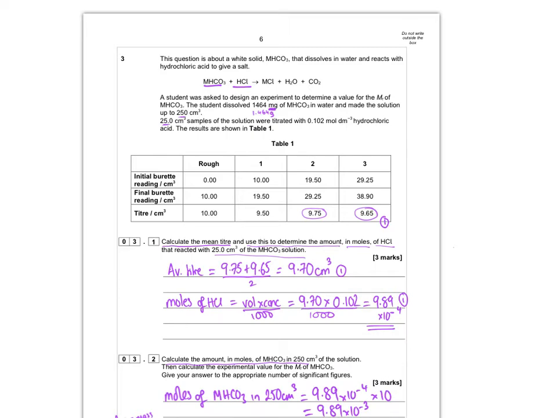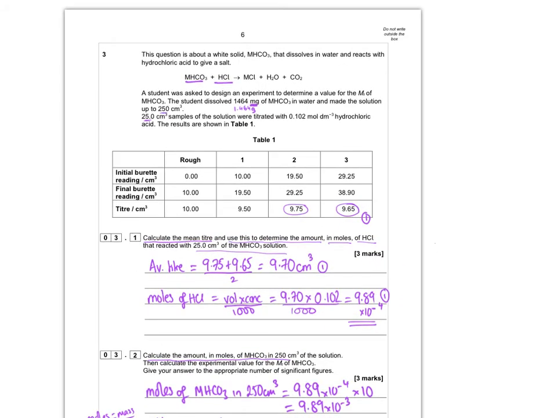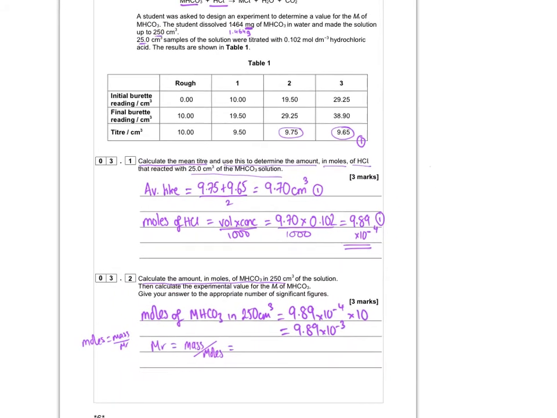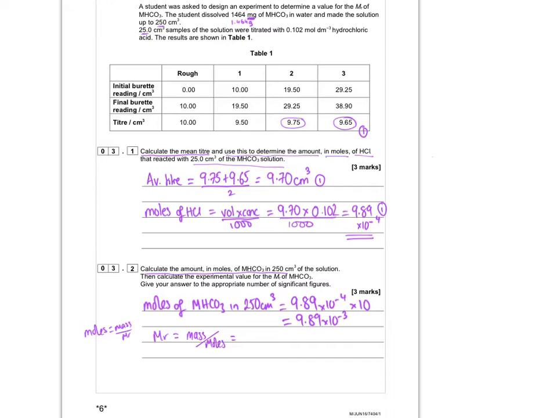And our mass is here, but we've got to be a little bit careful because the mass is in milligrams. So convert the mass first into grams by dividing it by 1,000. Then we want to divide it by our moles. And that gives an MR of 148.